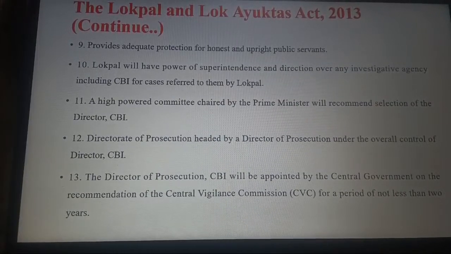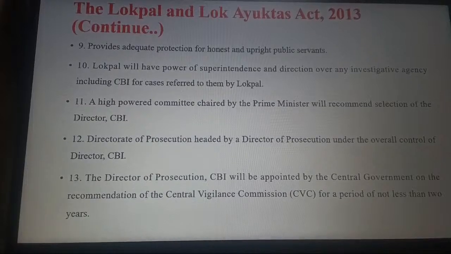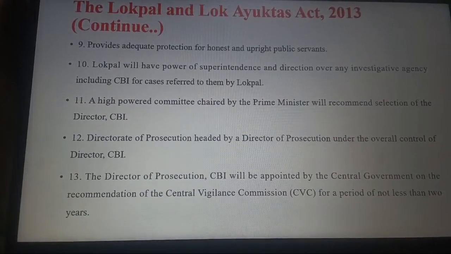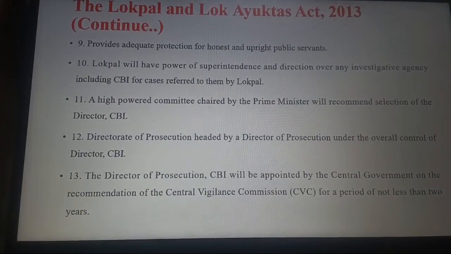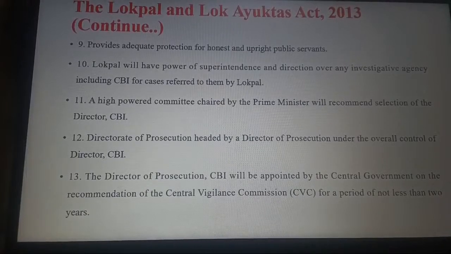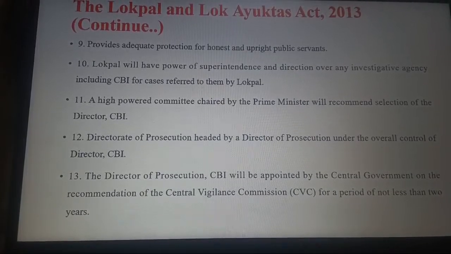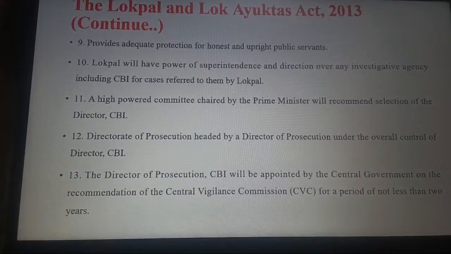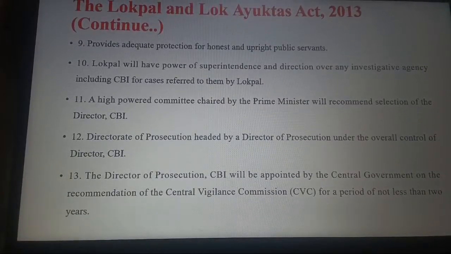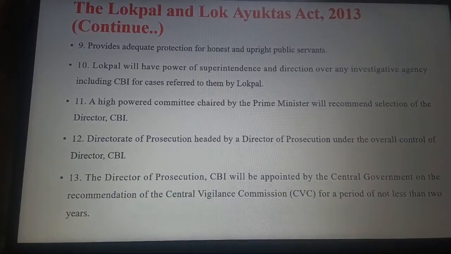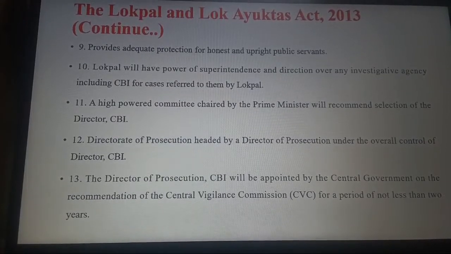It provides adequate protection for honest and upright public servants. Lokpal will have power of superintendence and direction over any investigation agency, including CBI, for cases referred to them by Lokpal.